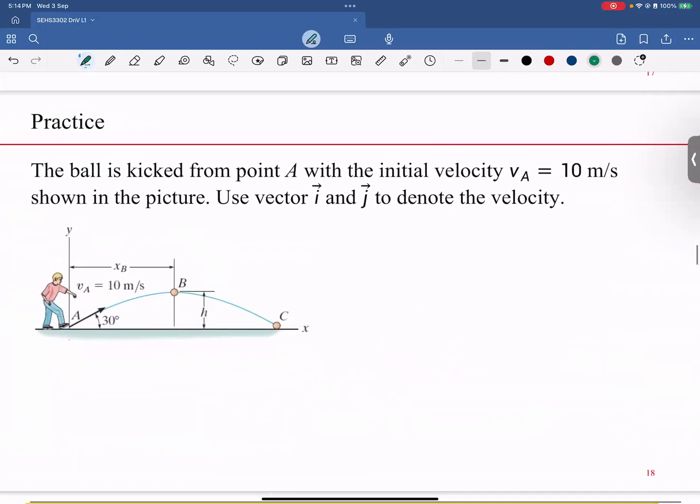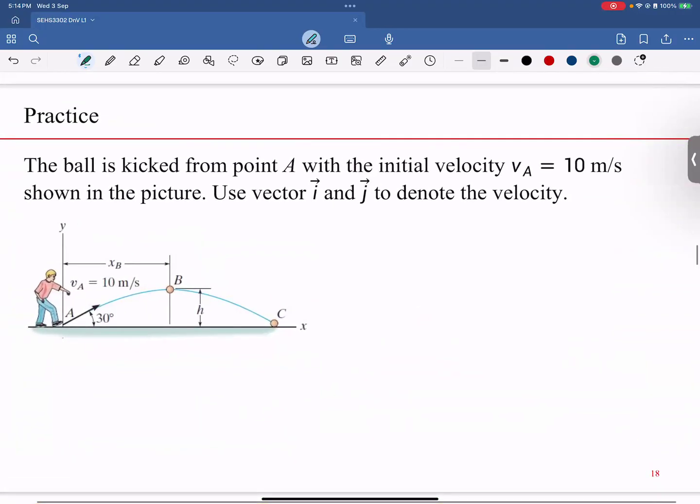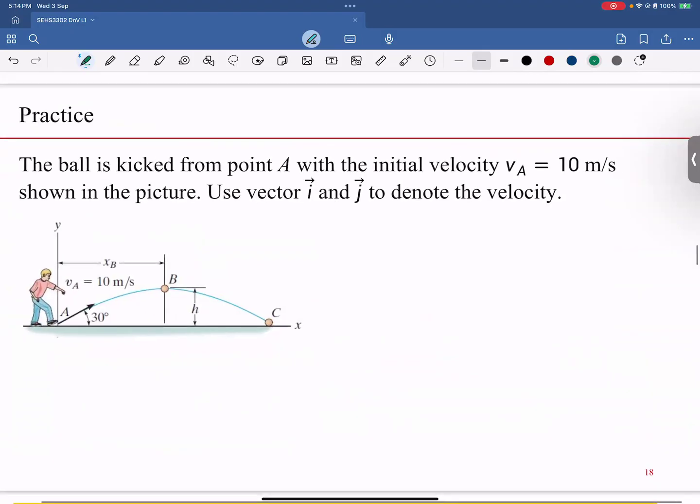Okay, let's put it into use to get familiar with this description. At this condition, point A is a ball, kicked from point A, and it has a magnitude of 10 meters per second. VA is 10 meters per second, as shown in the picture. And this velocity is at 30 degrees from the horizontal.